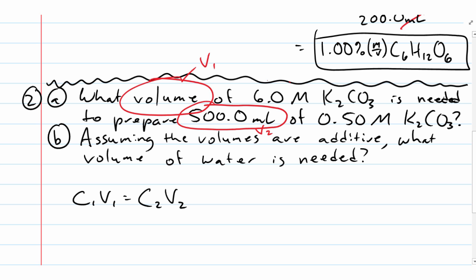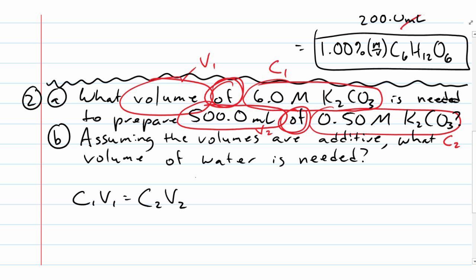And then we have two concentrations given: 6 molar and 0.50 molar. The 6 molar must be C1, and the 0.50 molar must be C2. This should be pretty straightforward because we have two quantities separated by the word of. Remember, if they're separated by the word of, that means we will be multiplying them together. C2 times V2, right here, is equal to C1 times V1 up there.